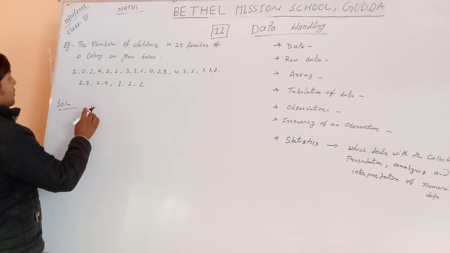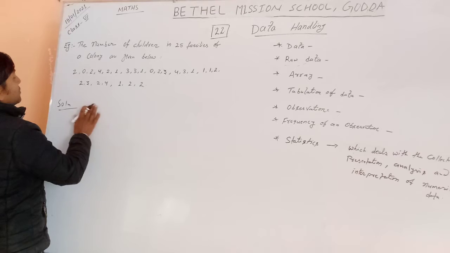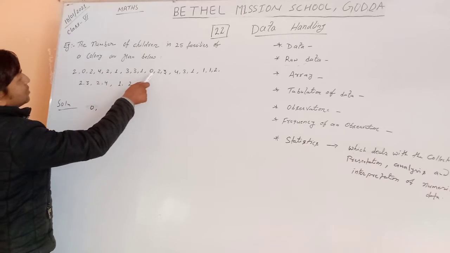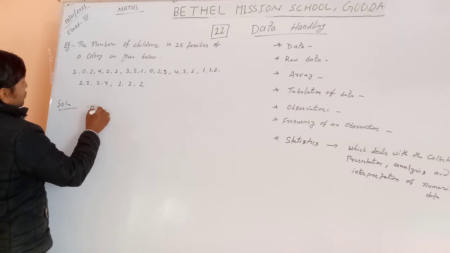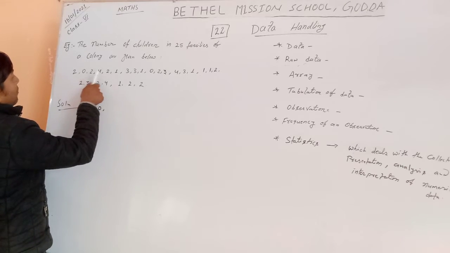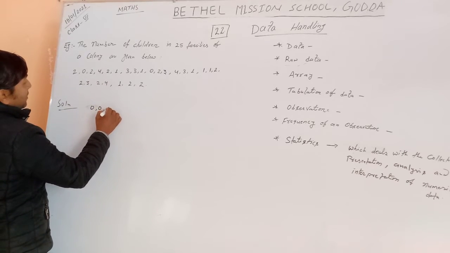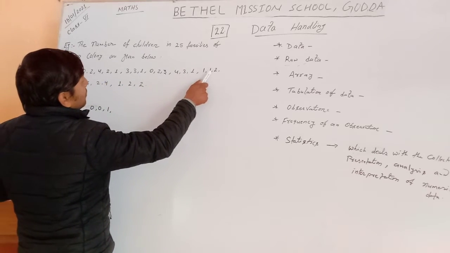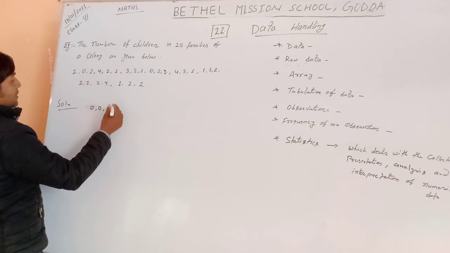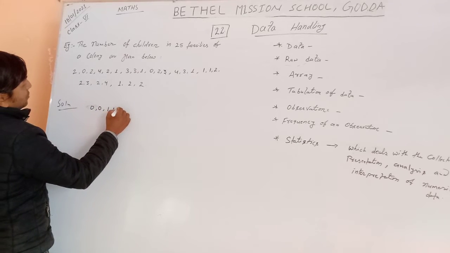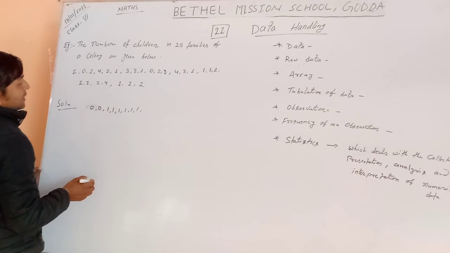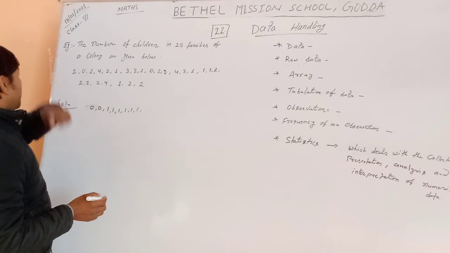Observation 0 is given, so you have to write a 0. How many zeros are given? 2 zeros. Now 1. How many ones are given? 1 2 3 4 5 6. So write 6 ones.